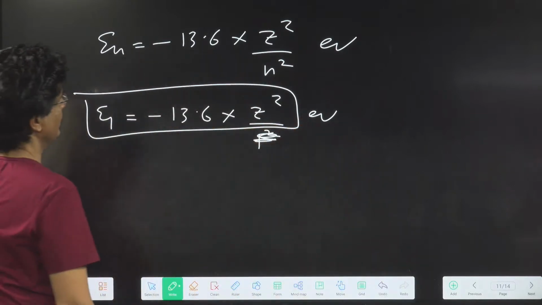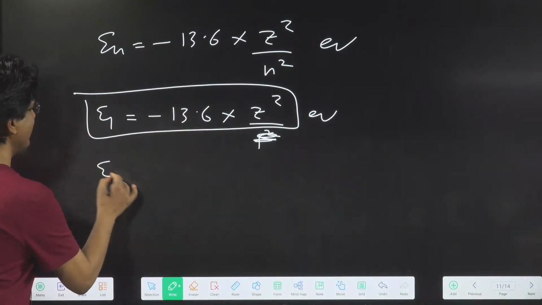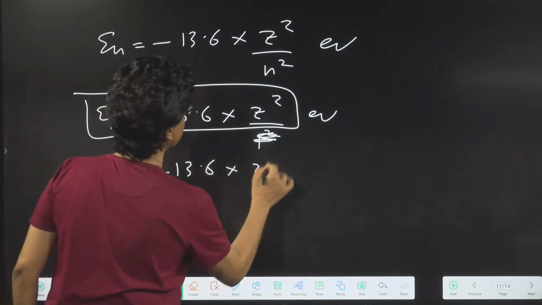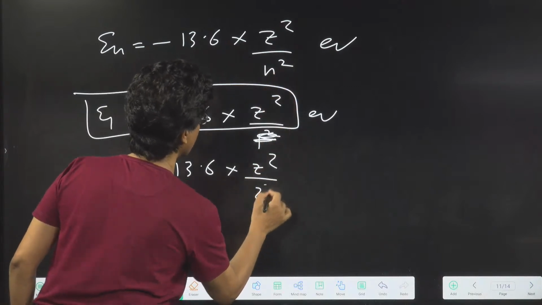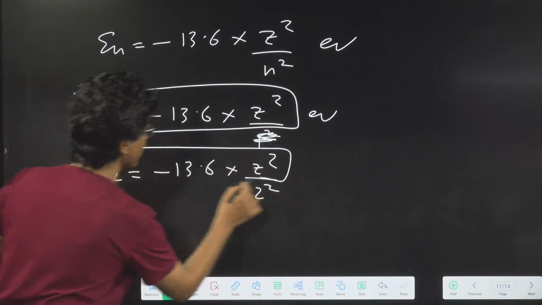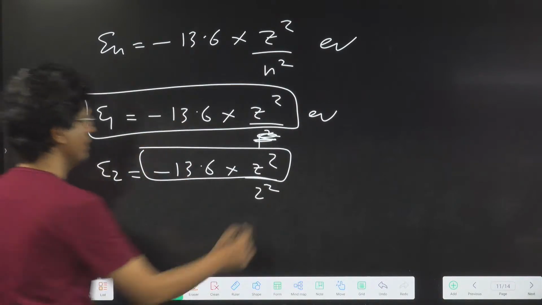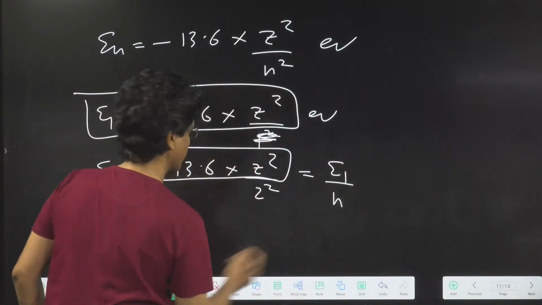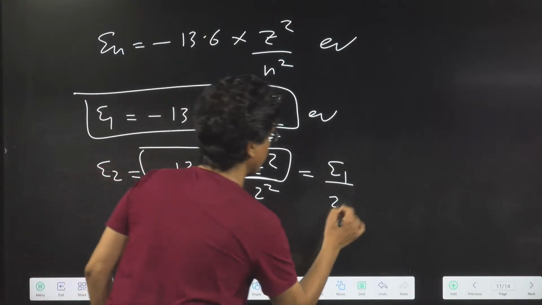So this is E1. But what will be E2 if we go with this formula? Minus 13.6 into Z square upon 2 square. And this is actually E1, so E2 will be E1 upon 2 square.